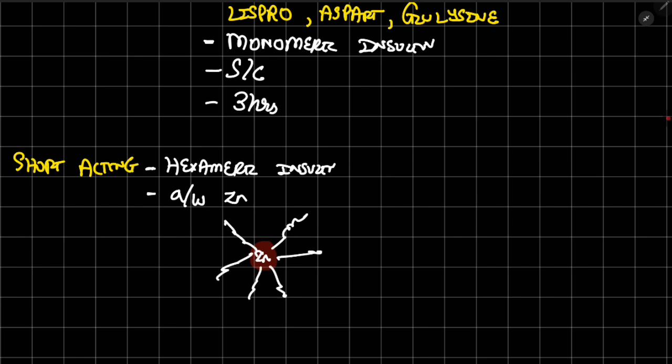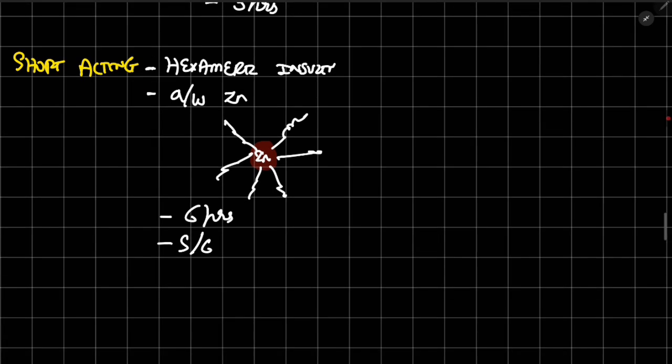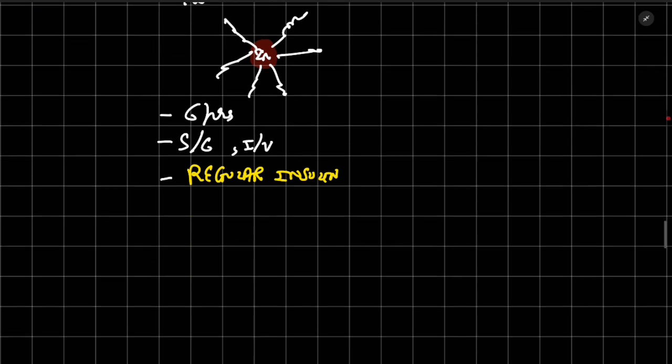This prolongs the duration of action to 6 hours. The route of administration is subcutaneous, and the example is our regular insulin. Besides subcutaneous, we can also give it as an IV injection. The duration is 6 to 8 hours. This was all about the short acting insulin, which is associated with zinc, our regular insulin.